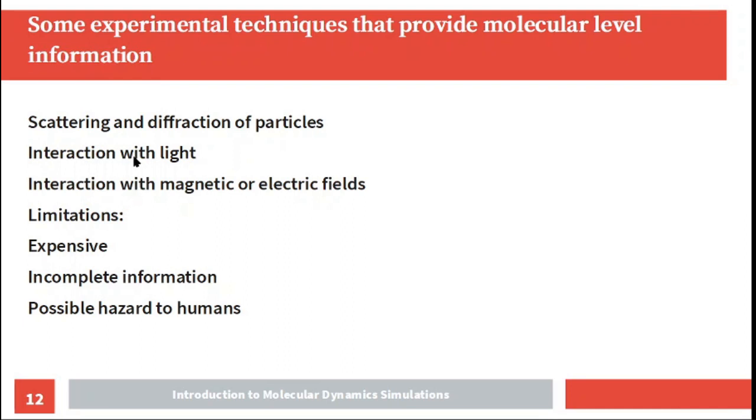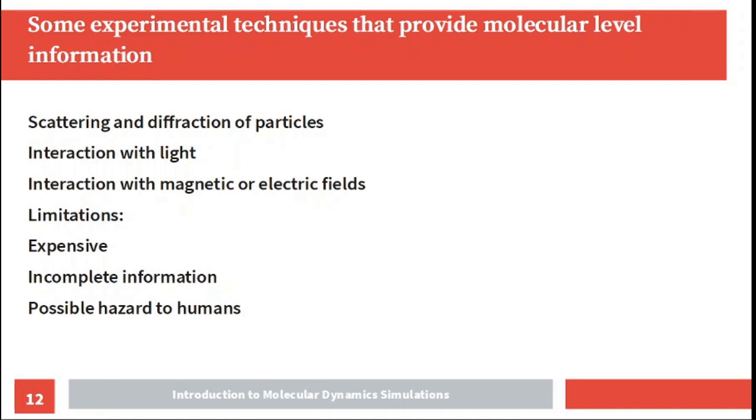But all these experiments have their own limitations. One is, of course, they are very expensive. So, for example, if you are talking about scattering of neutrons, to be able to get a good amount of neutrons, you need to have very high flux reactors or synchrotron or spallation sources. Similarly, for X-rays, you need synchrotron sources.